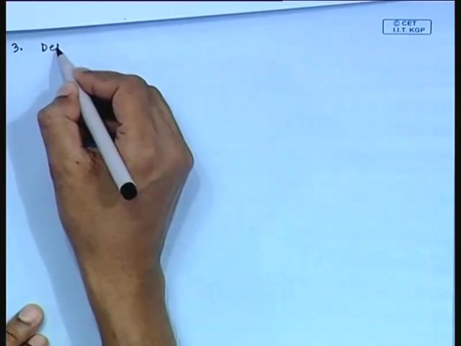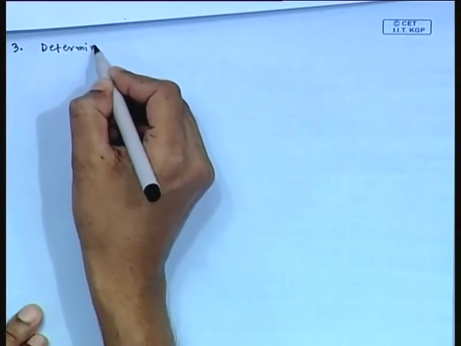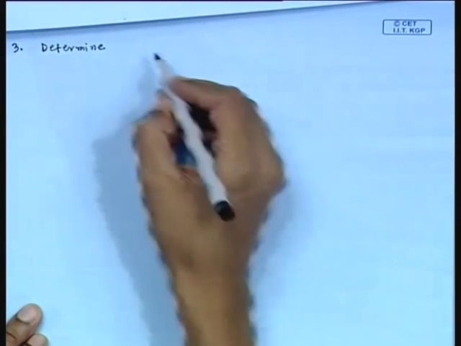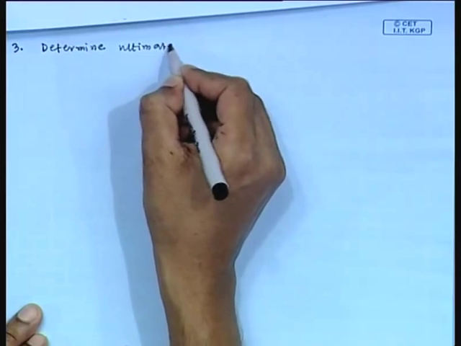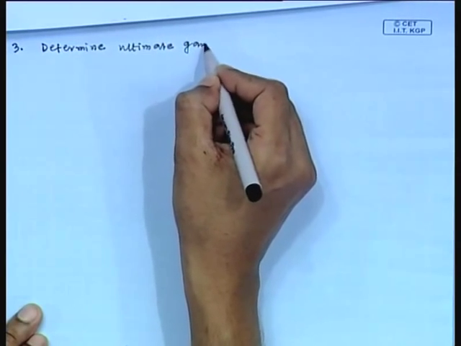Next, determine ultimate gain. You see the last point under second step: we have mentioned that vary Kc value so that we can obtain sustained oscillation.